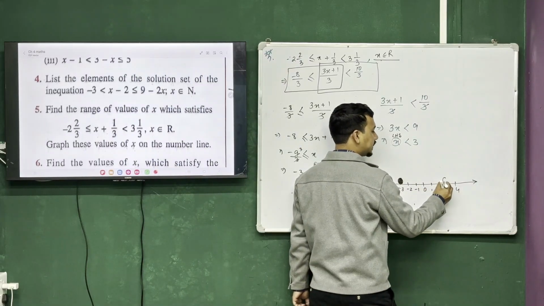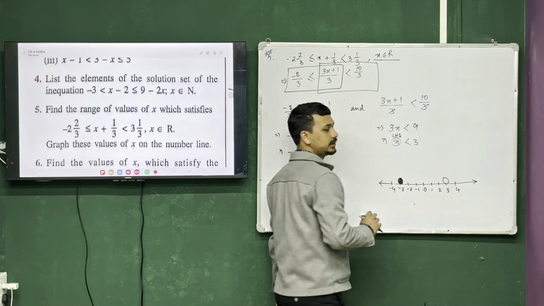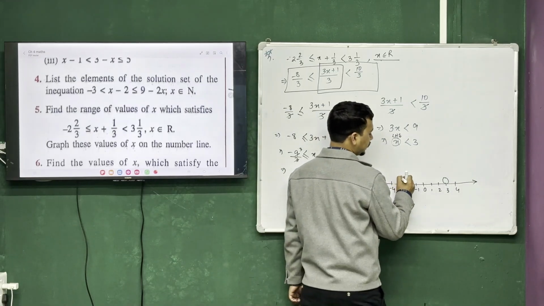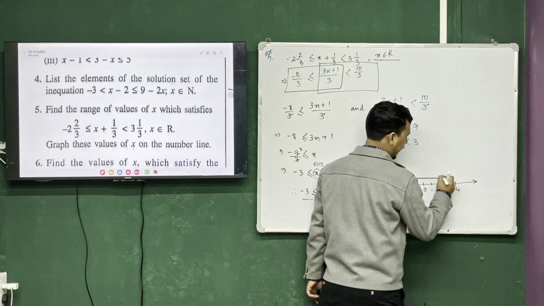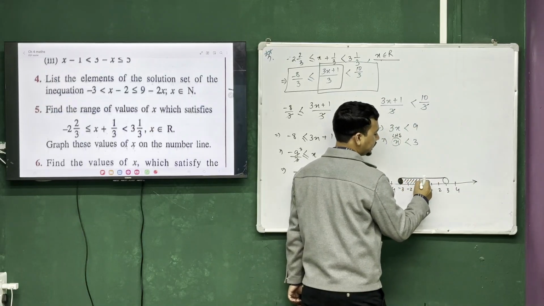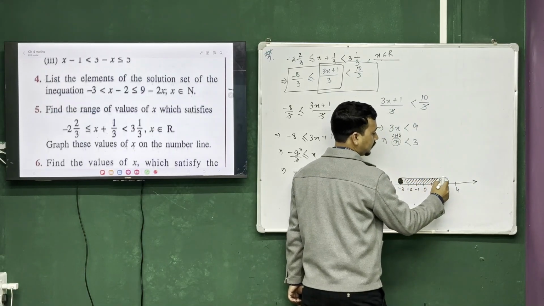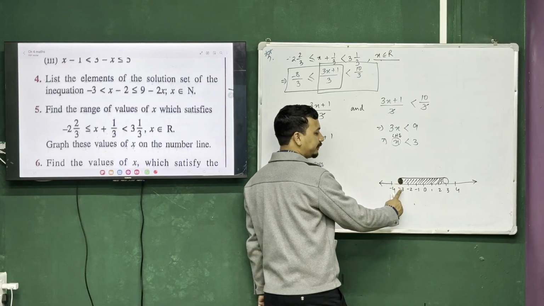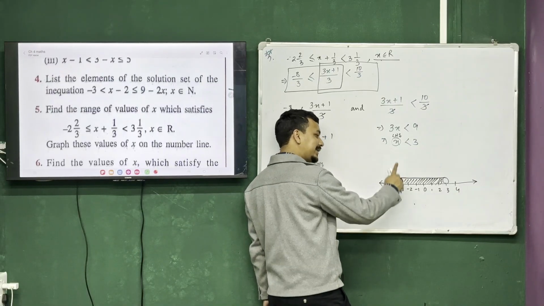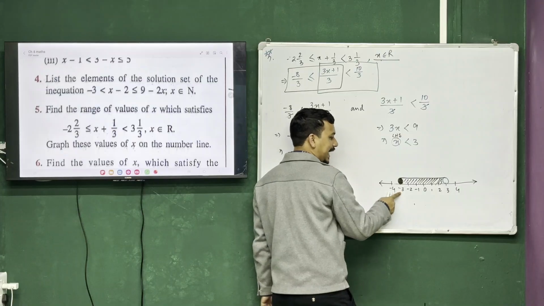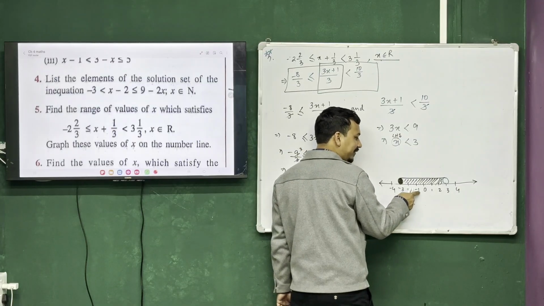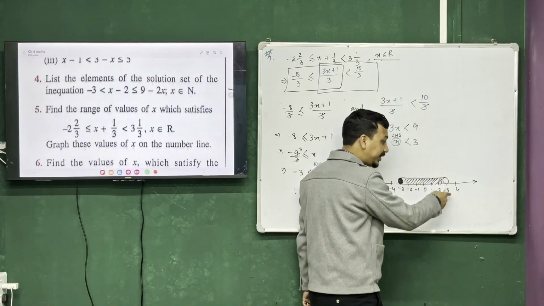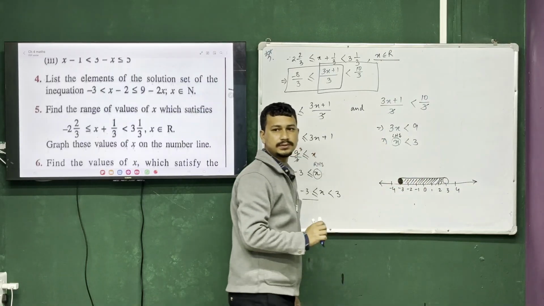So we will make a circle, but we will not shade it. Okay. Then we draw a line and then we shade this entire line. So what does this mean? This means that the values are from minus 3 and minus 3 is included, and all the possible values between all the way to 3, but 3 is not included.